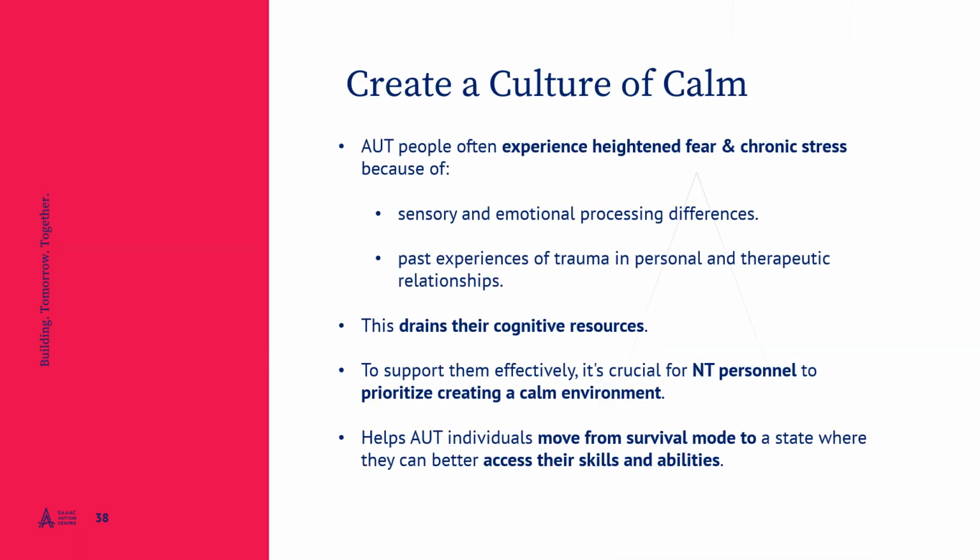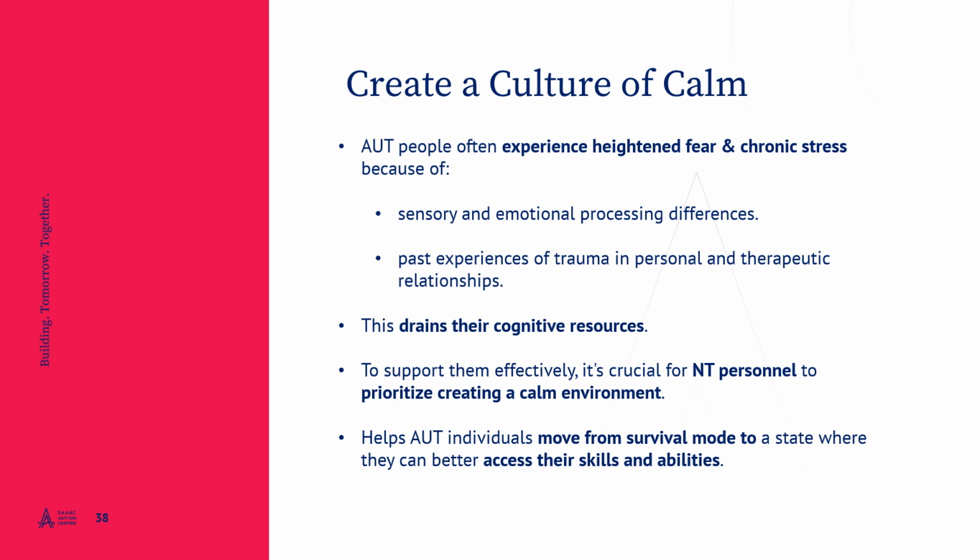The final step you can take towards using neurodiversity affirming practices is to create a culture of calm. Autistic people are often experiencing heightened fear and chronic stress because of their sensory and emotional processing differences and past experiences of trauma in personal and therapeutic relationships.